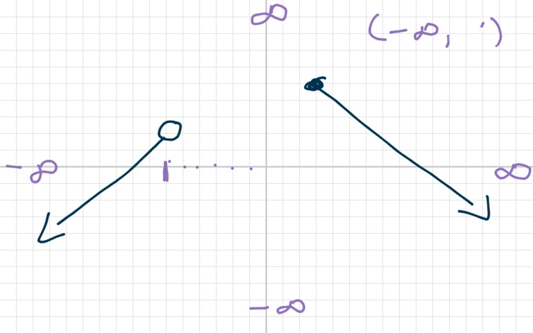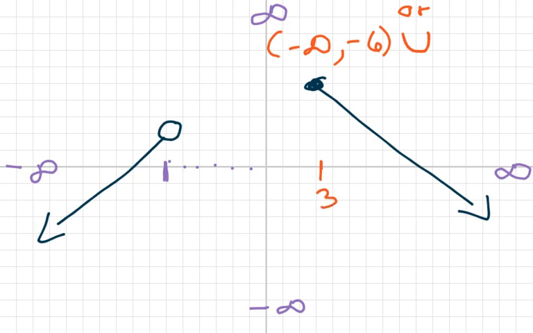So -infinity to -6. Plus, we're going to combine it, unite it. This actually means or. Or we're starting at 3 to infinity. So it can equal 3 to infinity. Alright?